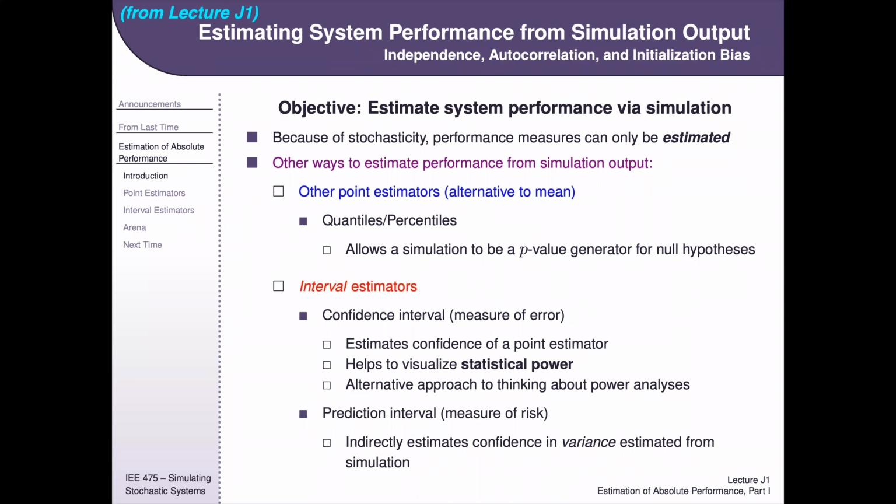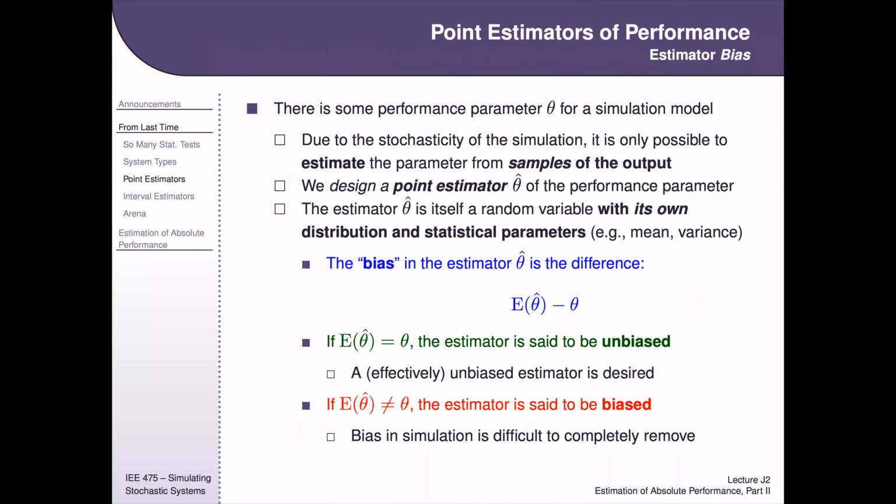So I can give them a prediction interval to say, well, generally, the values that come out of the system are around this average. But it's possible that sometimes they get this high, sometimes they get this low. The prediction interval gives you a spread of the possible values that could come out of the next run of the system, the next iteration of the system. We'll define how to write these two intervals here in a second.